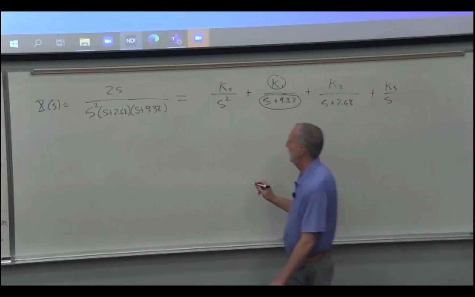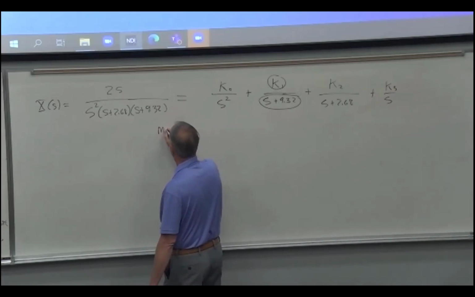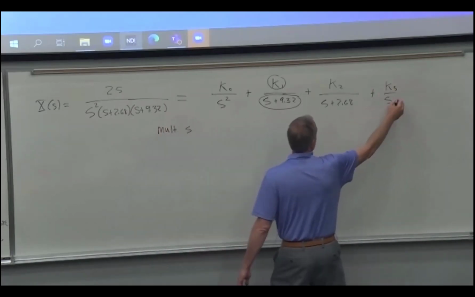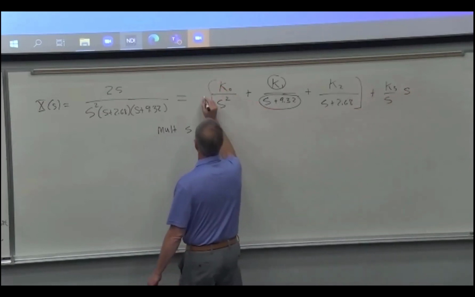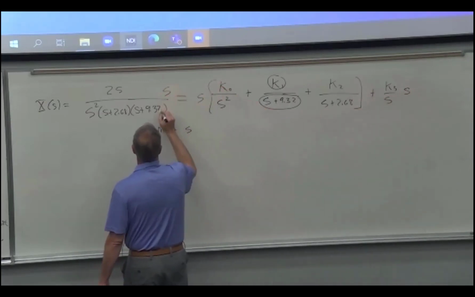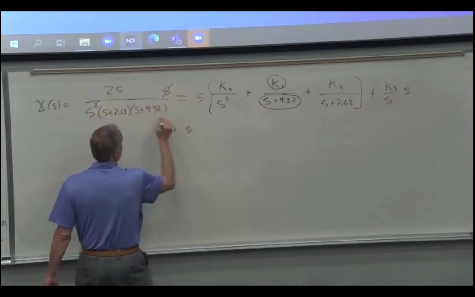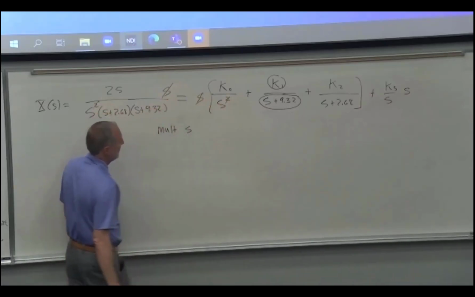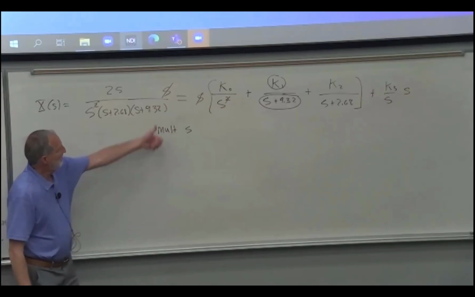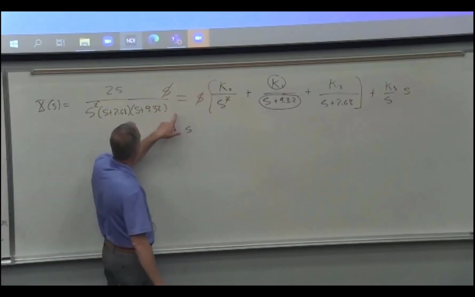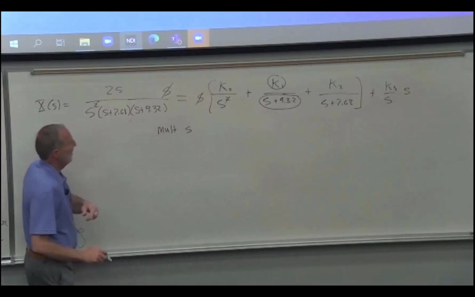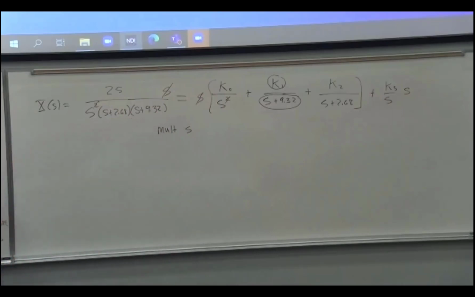And then if we multiply by s to get that one, it's going to cancel one of those. But then if we let s go to 0, it's going to blow up. This k0 over s blows up. So if you have multiple powers of the same thing, then you can't use these techniques to find those coefficients.